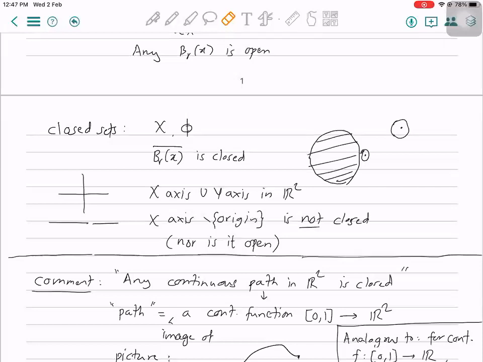No, sir, because there'll always be a point on the y-axis if you take a ball around it. I think it should be, because what do we mean by going outside? Right. Both answers are correct, but the point is you're talking about different spaces.